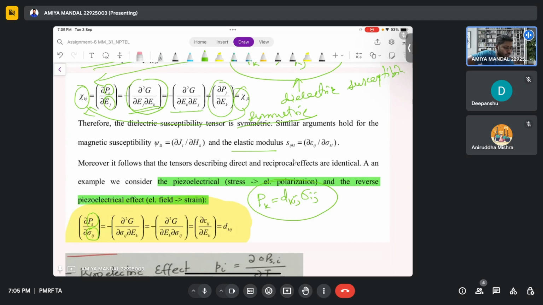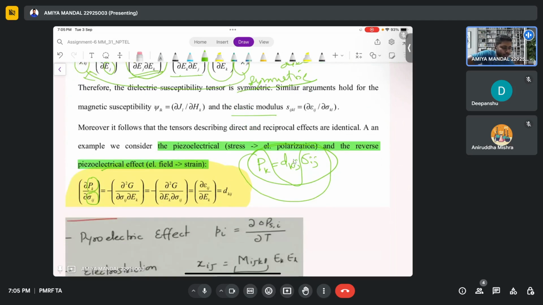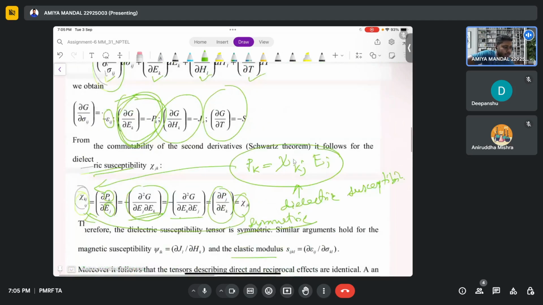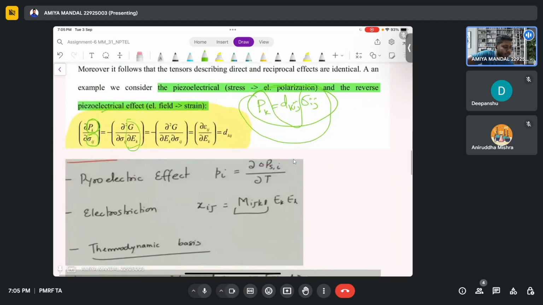So the ratio del P_k del sigma_j denotes the piezoelectric coefficient, and P_k is denoted as del G del E_k. In the reversed direction, ij and k, del of P_k and del of sigma_j gives you epsilon_ij, that is sigma_ij.